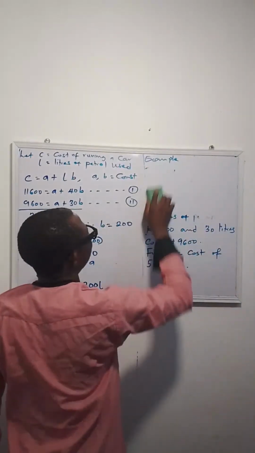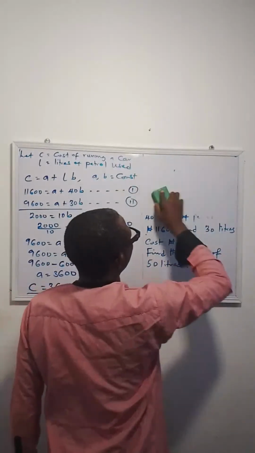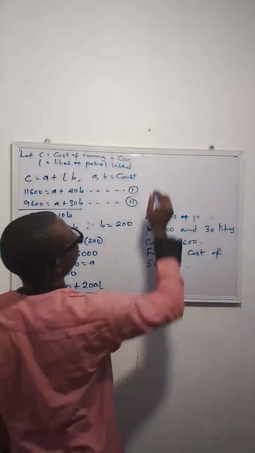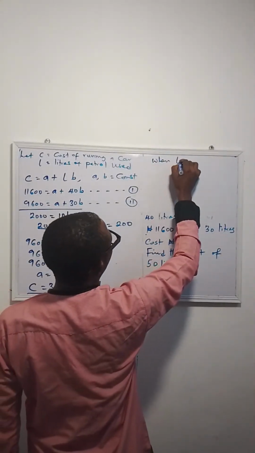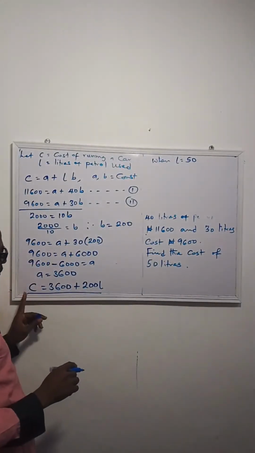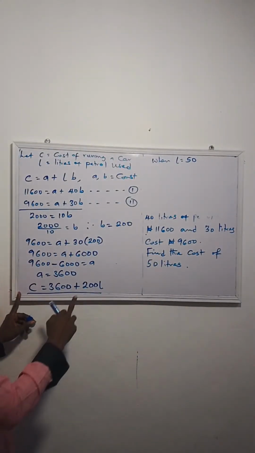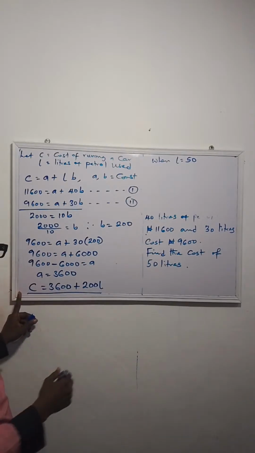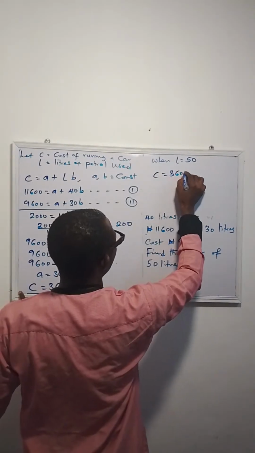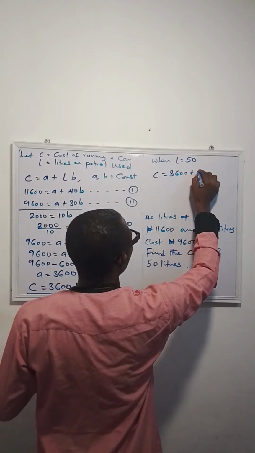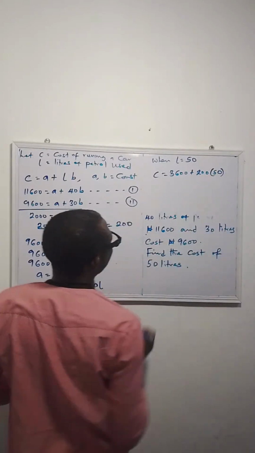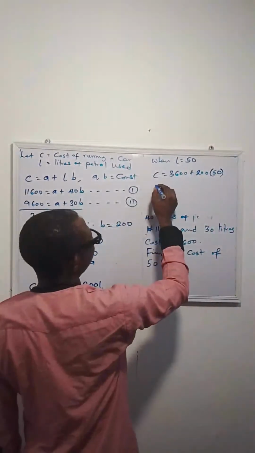That means when L is 50. So what is going to be the cost? Let's plug in the value of L into this equation. We have C equals 3,600 plus 200 times 50.